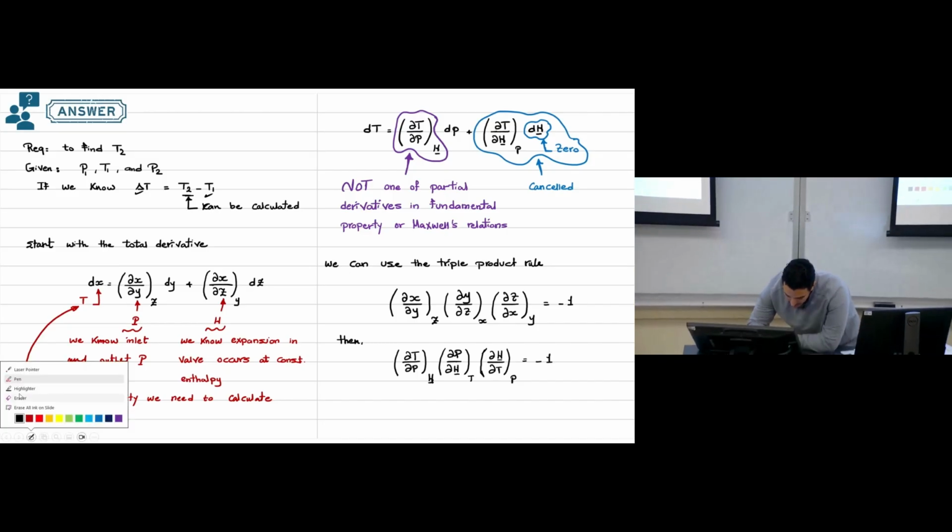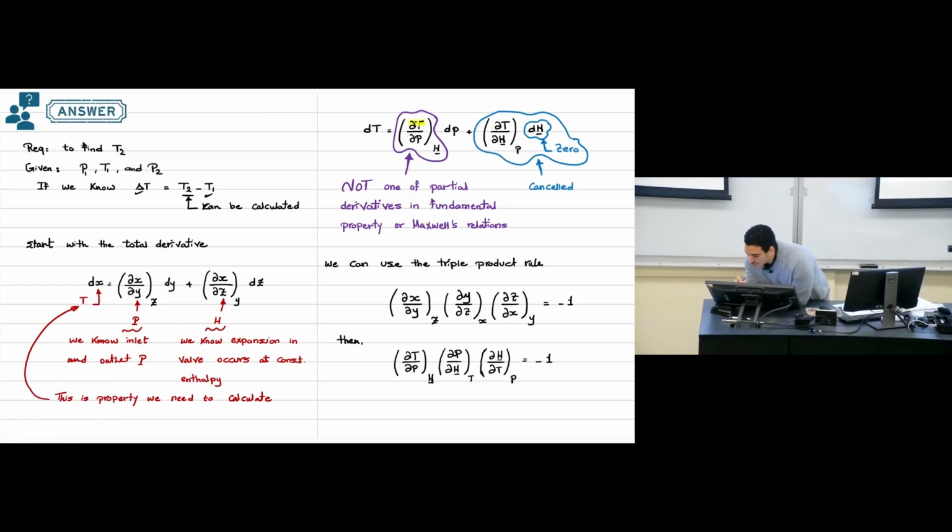And again, this is still the partial derivative that we need to find, dT by dP at constant enthalpy. We have it here, dT by dP at constant enthalpy.